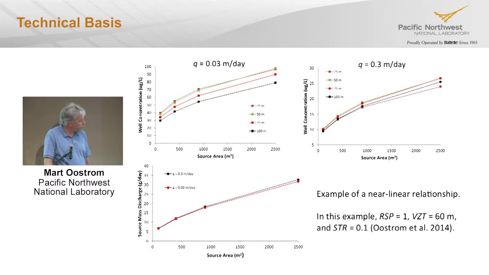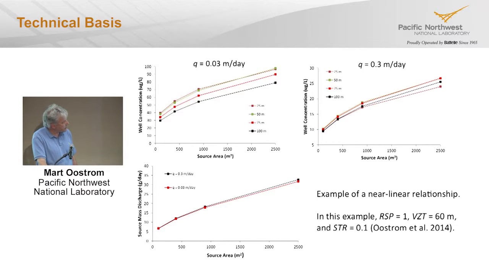So this is an example of the source area. If you increase the source area, you see that the well concentration increases, but not in a linear way, and also certainly not proportionally. In the top left-hand corner, the simulations are shown for a lower groundwater velocity, and the right-hand side for a higher groundwater velocity.